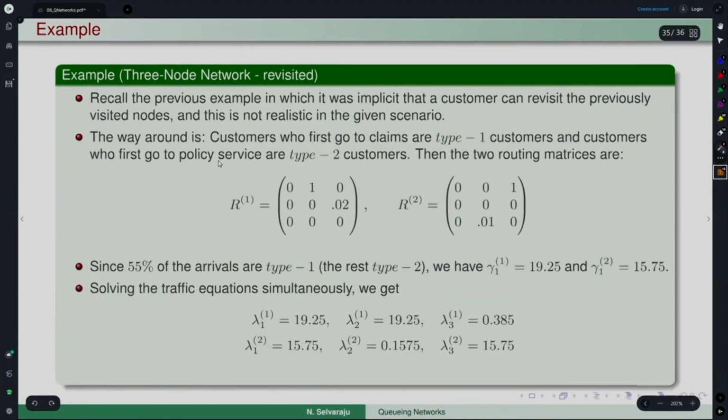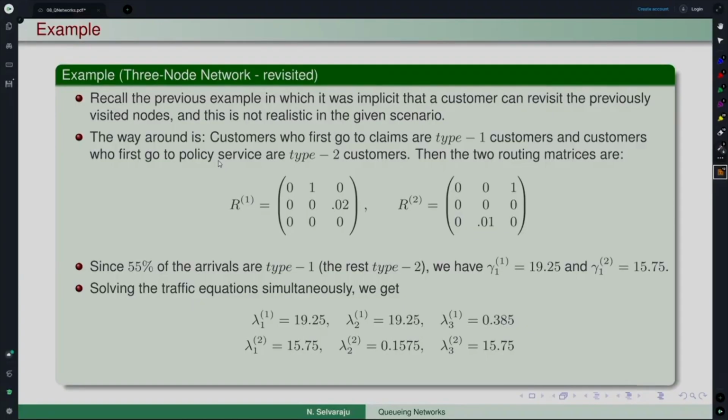Okay. So, let us see the same example that we have just talked about, the 3-node network of an insurance company's call center. What we have done there is assume that 2% of the calls, after finishing the claims process, go to service and 1% from service to claims. But if you look at it carefully, what we have assumed implicitly is that a customer who has already been processed in claims can go to service.